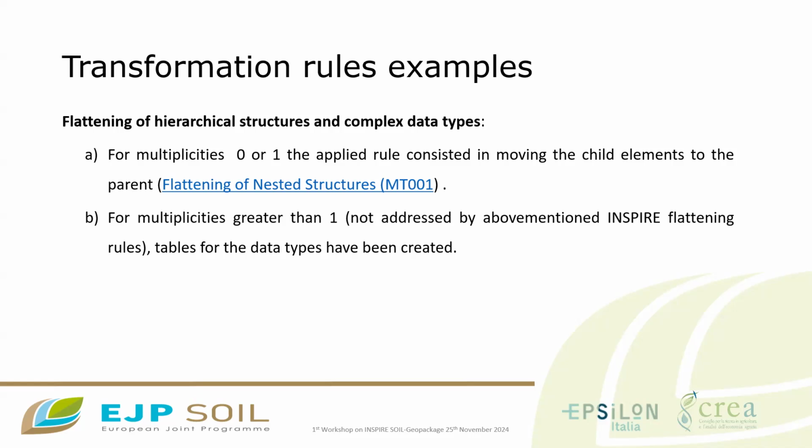So the INSPIRE ID attribute of the soil site is indeed made of three sub-elements that are the local ID, the namespace, and the version of the identifier. This is done in GML using complex structures nested into one another. Clearly, if you are operating on a database, you cannot nest structures. So we have to flatten hierarchical structures as well as complex data types.